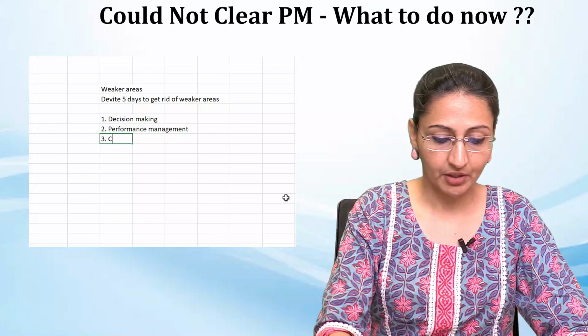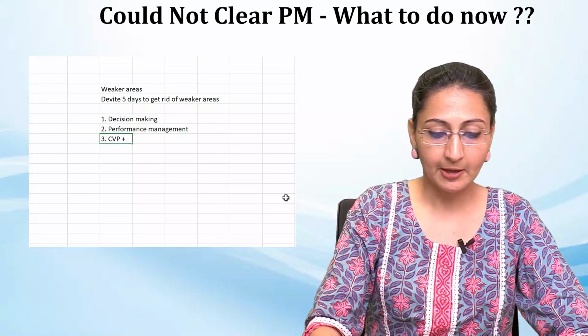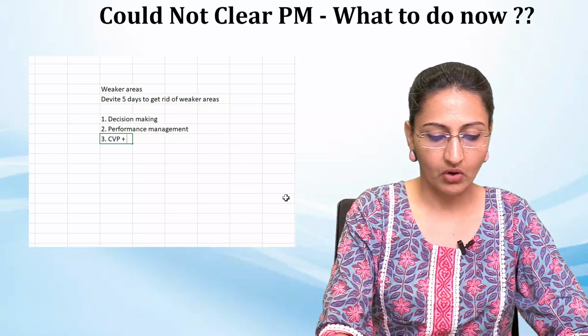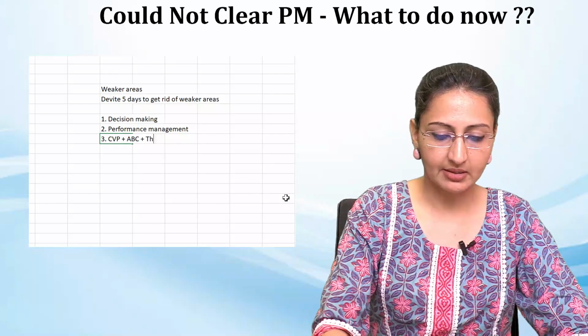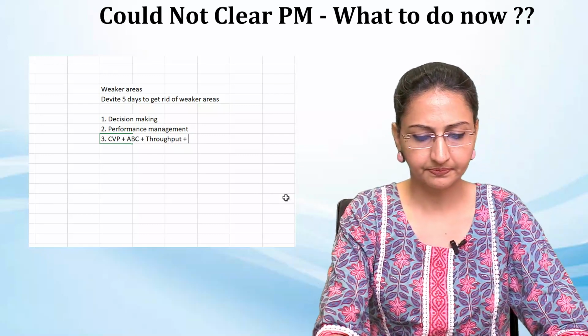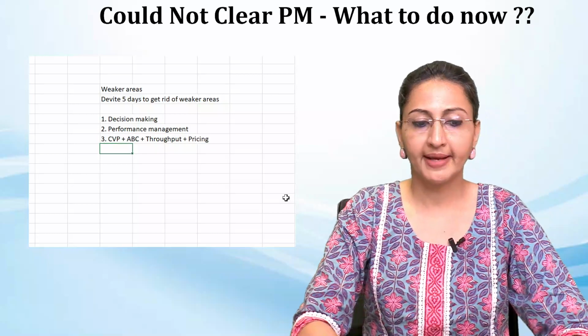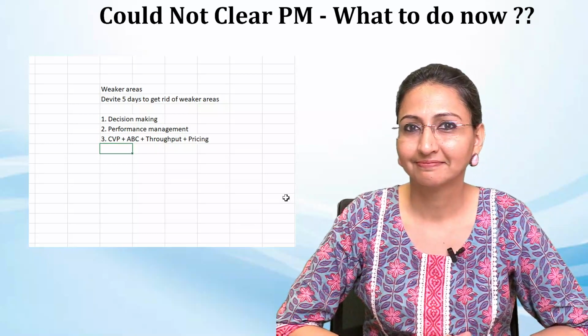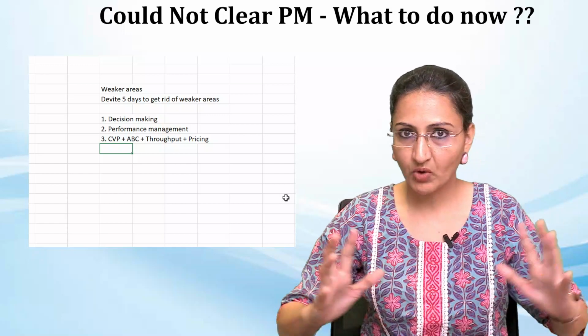Then comes your CVP analysis plus your ABC plus throughput plus pricing. Now this becomes one chunk.